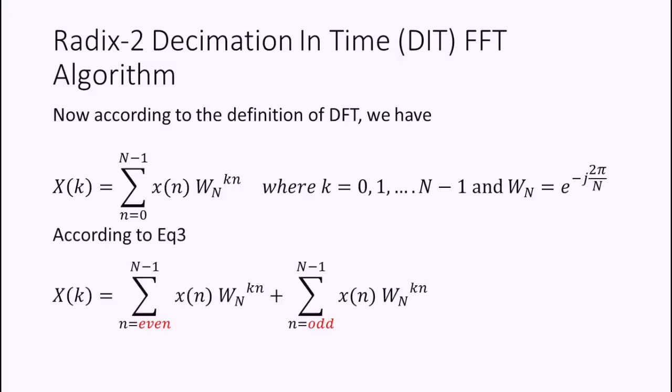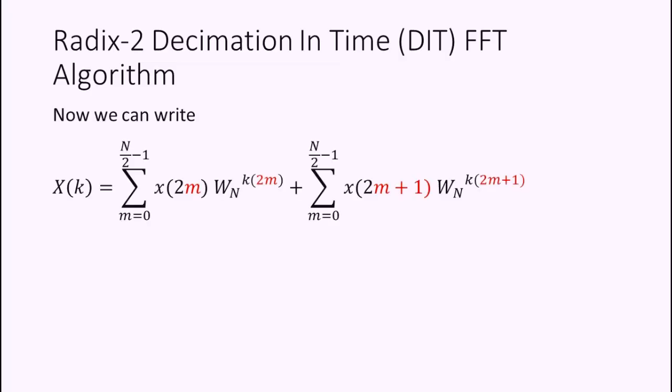Now according to equation number 3, X(k) can be written as summation over even n from 0 to N minus 1 of x(n) W_N to the power kn, plus summation over odd n from 0 to N minus 1 of x(n) W_N to the power kn.